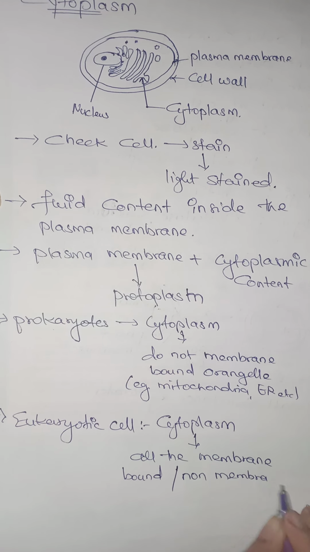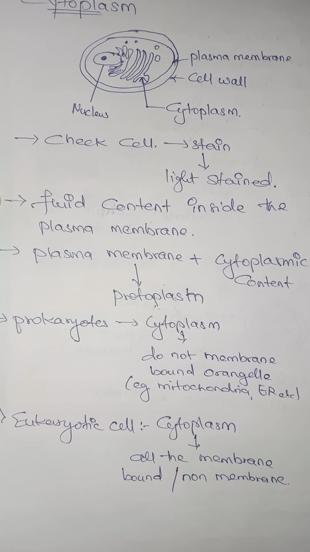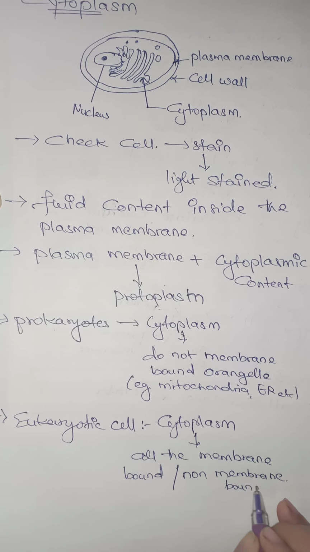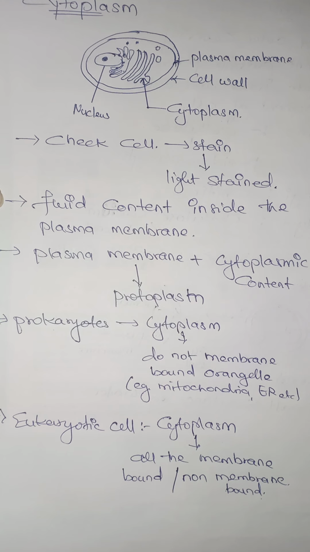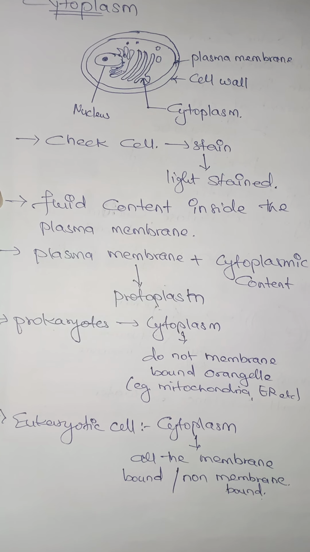You will be like, ma'am, we have examples of membrane bound organelles, but no example of non-membrane bound organelles. The basic example of non-membrane bound organelles is ribosomes. Ribosomes do not have an outer layer, so they are included in non-membrane bound organelles. This is what they have in the cytoplasm.